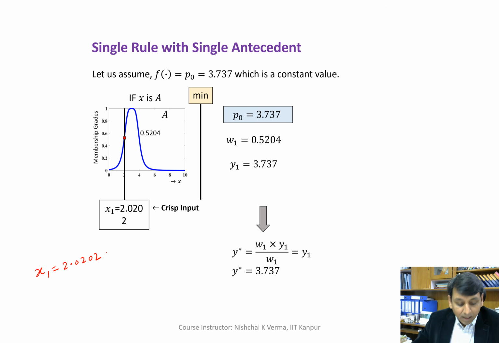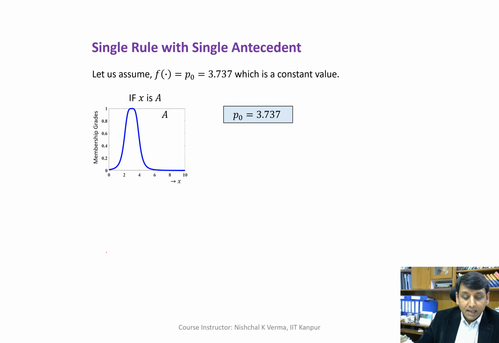Let's say we have this value and we are feeding it to this TSK fuzzy model characterized by the single rule with single antecedent, the fuzzy rule mentioned here.